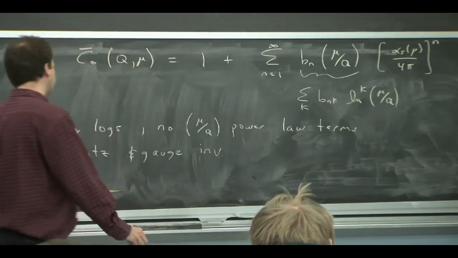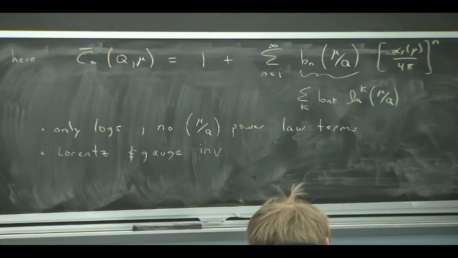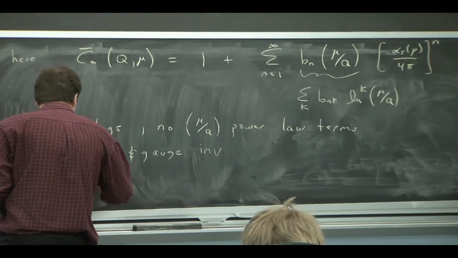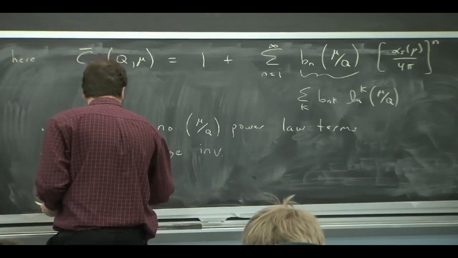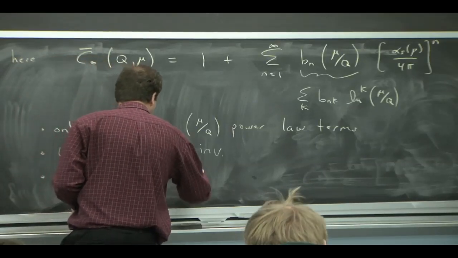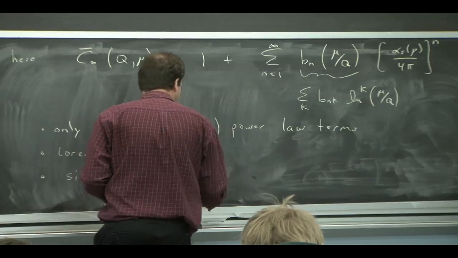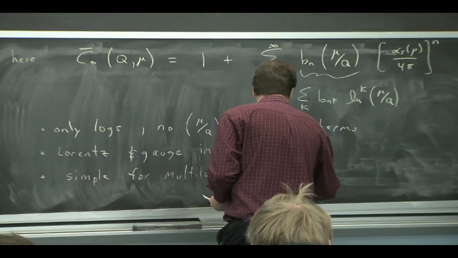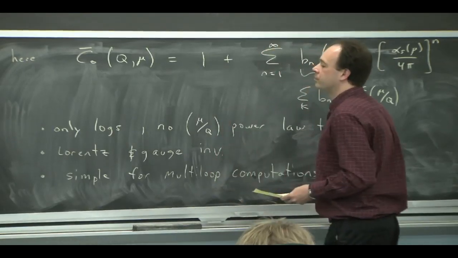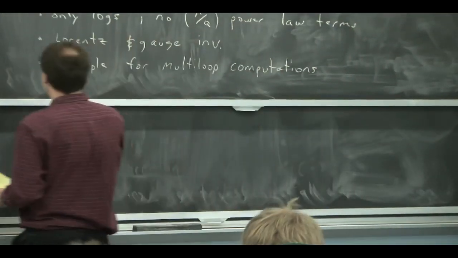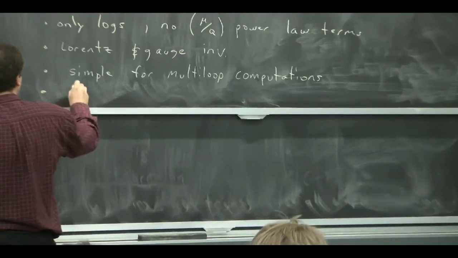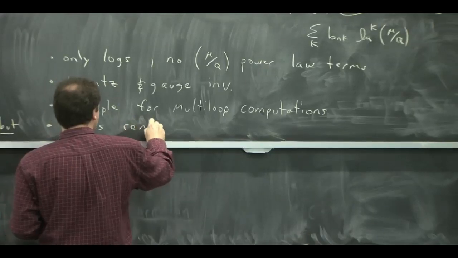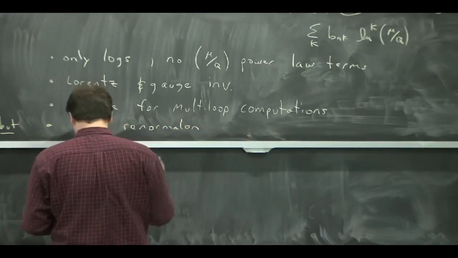It doesn't mess them up, so it's Lorentz and gauge invariant, which is always a good thing. And not only is it simple for multi-loop computations, but multi-loop computations are not even done in other schemes because they're just too difficult. So it really makes multi-loop computations possible. And there's only really this one blemish that has this Renormalon issue.